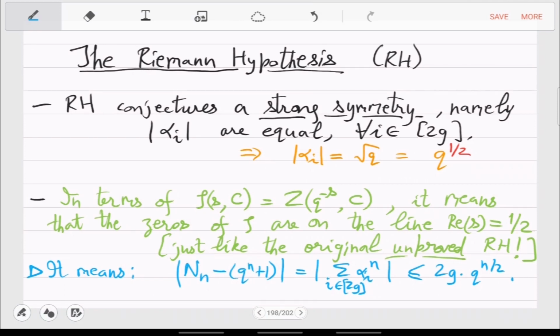On the number of points: if you think of genus as small and q as big, then you deduce that the number of points on the curve in F_q is almost as much as q plus 1.